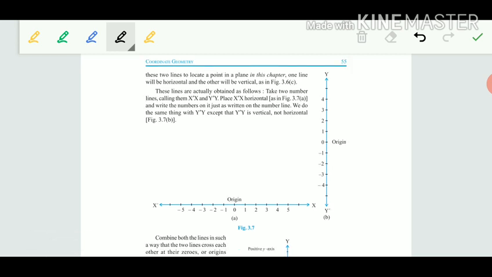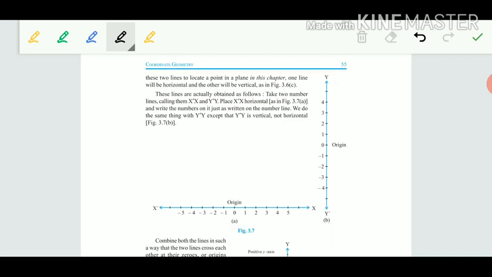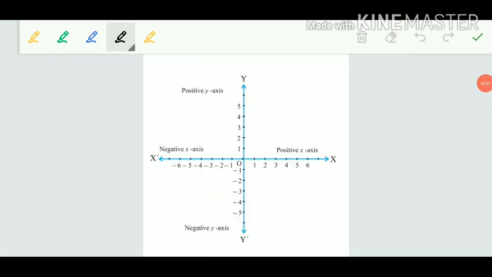For the Cartesian system, Descartes took two number lines, one called x dash and another called y dash. The number line x dash is the horizontal number line, and the number line y dash is the vertical number line. He combined these two lines in such a way that they cross each other at their origins.